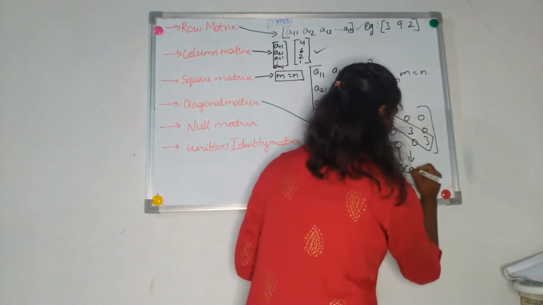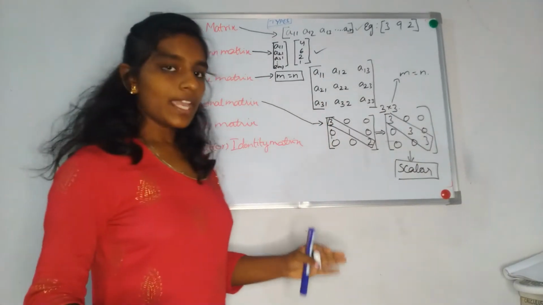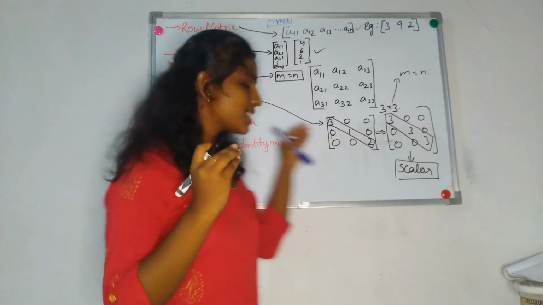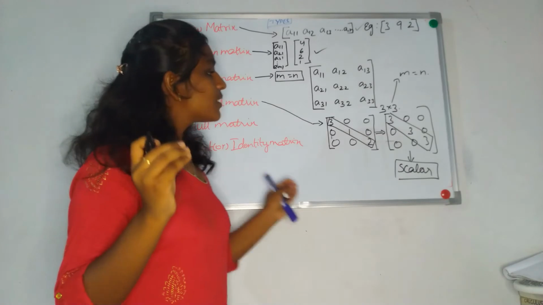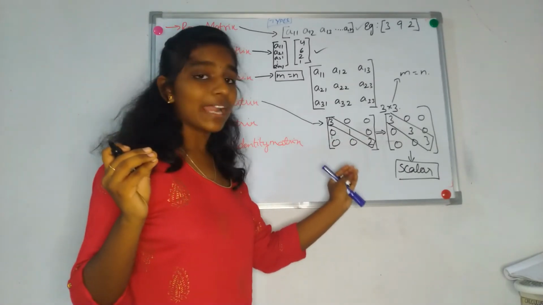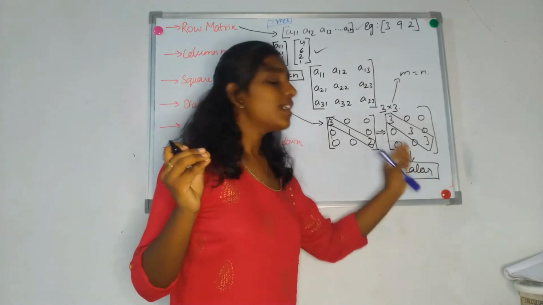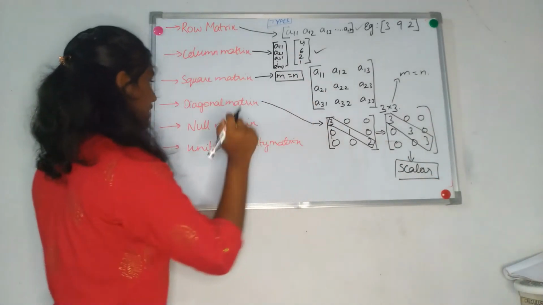Remember it. From the diagonal matrix itself we get a definition of scalar matrix, so that's the reason why I didn't write it as another type. Have you got the point? So the diagonal matrix in which all the diagonal elements are equal to each other is known as a scalar matrix. Yes.